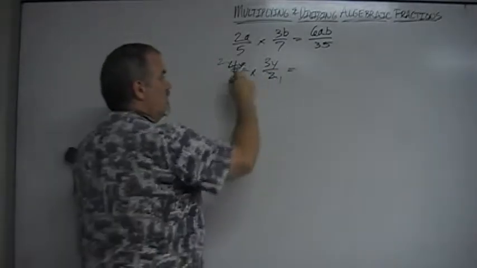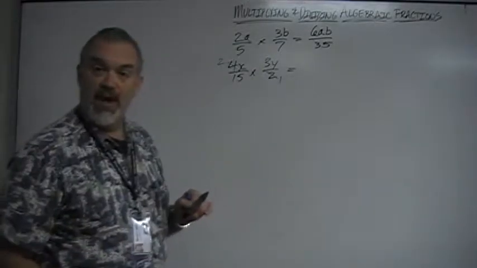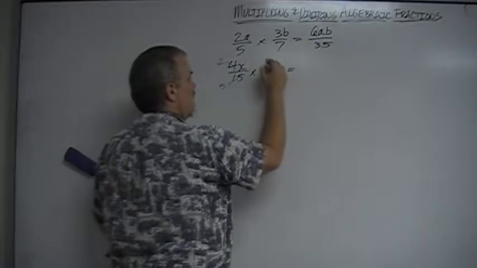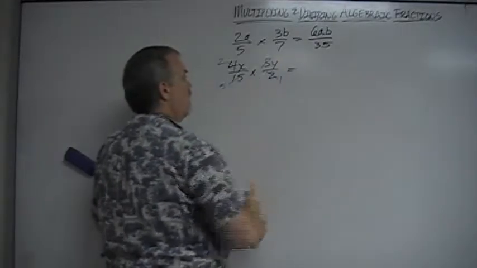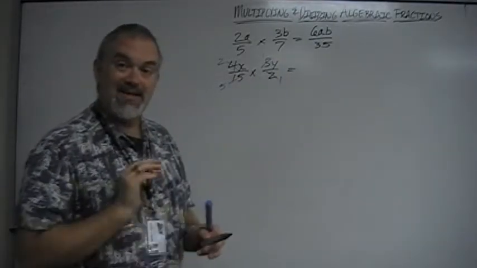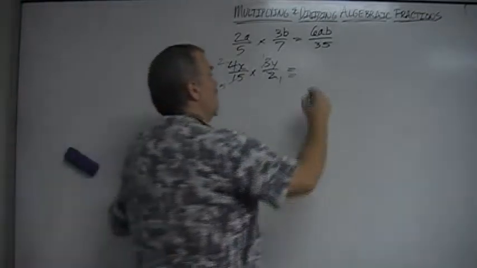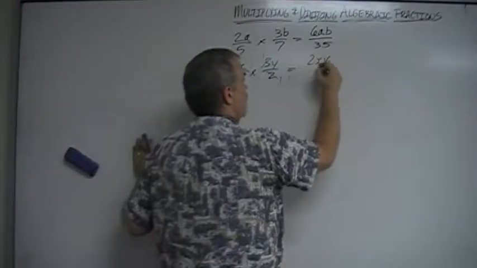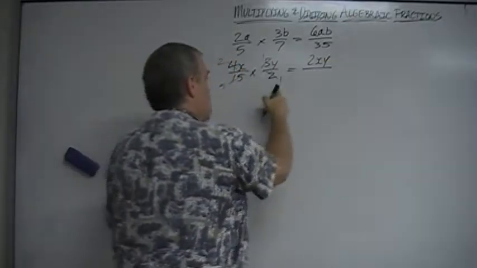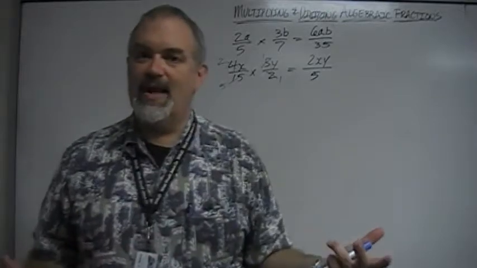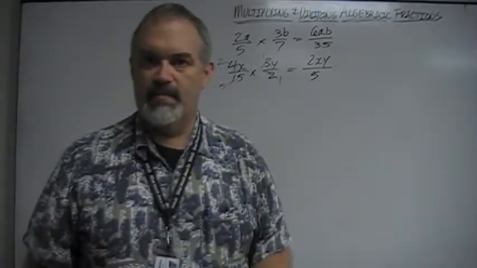What about the 3 and the 15? Well, those both divide by 3. So we divide this by 3 and have 5, and divide this by 3 and have 1. Now when we multiply across the top, we get 2x times y, 2xy, and we get 5 times 1 on the bottom, or 5. And the result of that is we don't have to do any canceling at the end of our problem.